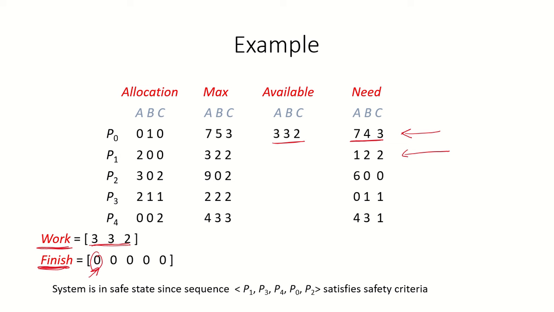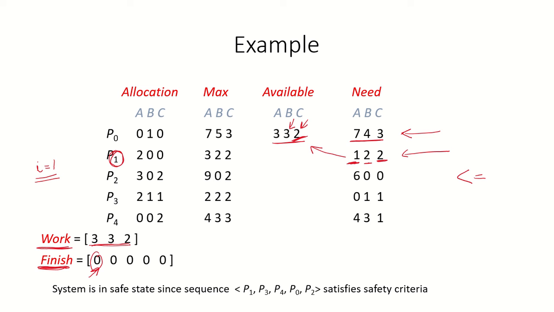Now if we compare this, we find that its need is less than the available because 1 is less than 3, 2 is also less than 3, and we have to find less than or equal to, so again 2 is less than or equal to C over here. So we have found an index 1. So this i is equal to 1.